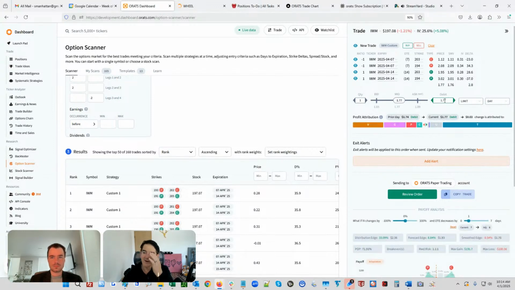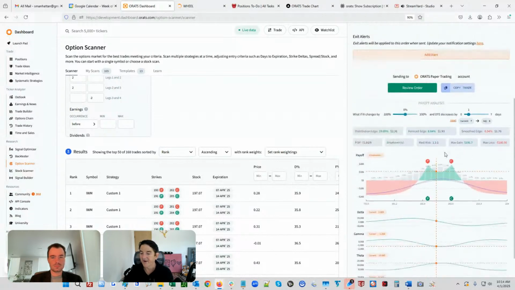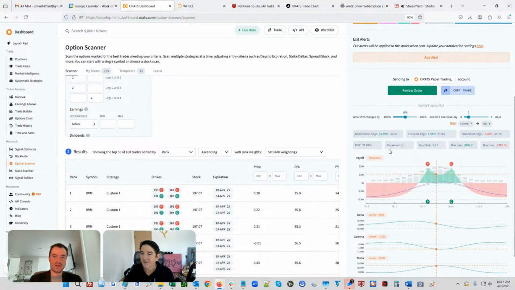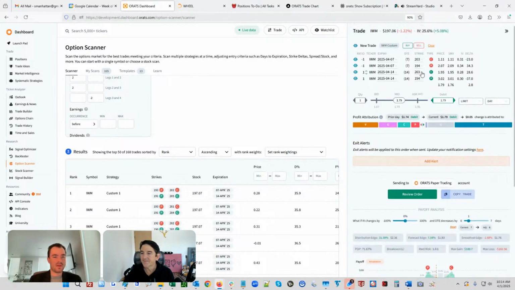Instead of paying $1.77, and you don't get a lot for that. Your profit's a little bit higher, but it's pretty similar. Yeah, you're basically stretching your green area. You're stretching your area of profitability, basically your probability of profit, while reducing your risk reward.